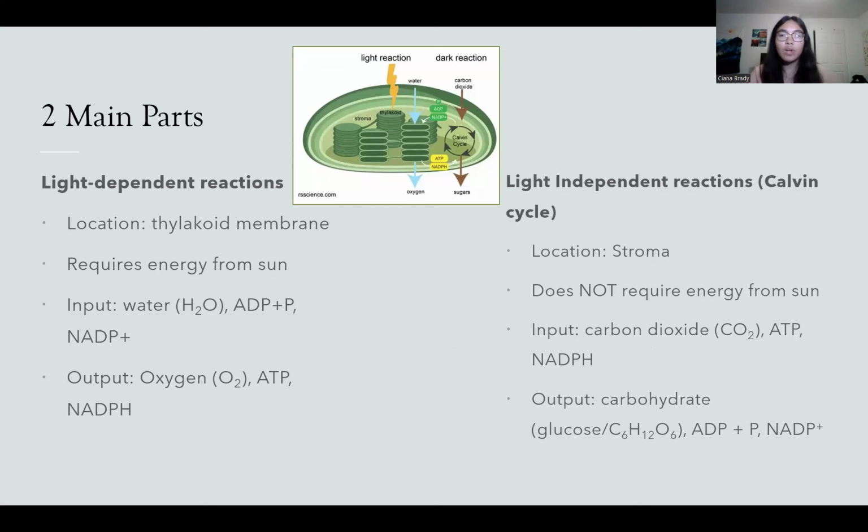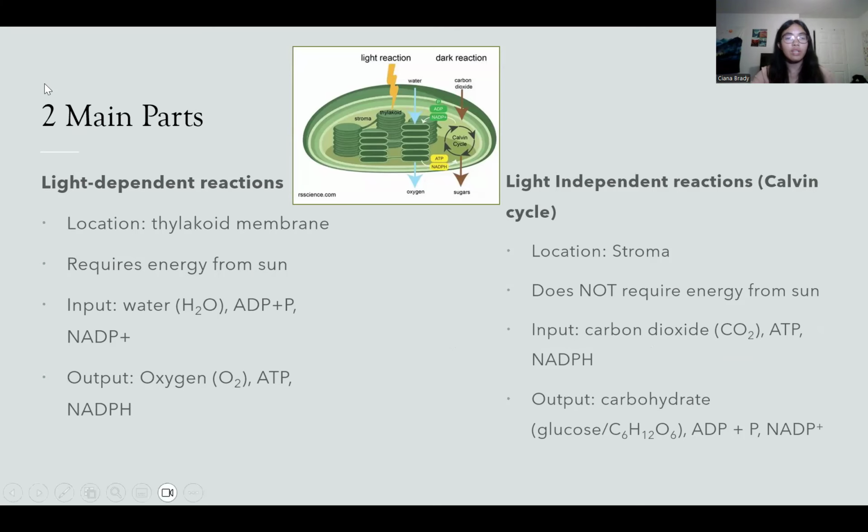And now the rest of the presentation is going a little deeper into the entire process of photosynthesis. So because it is a little deeper, I will do less of the referencing of the plant. But here we would go into breaking down photosynthesis into its two main parts, light-dependent reactions and light-independent reactions.